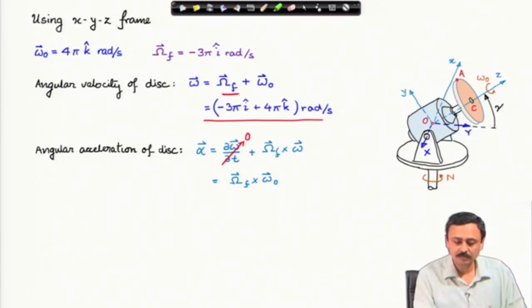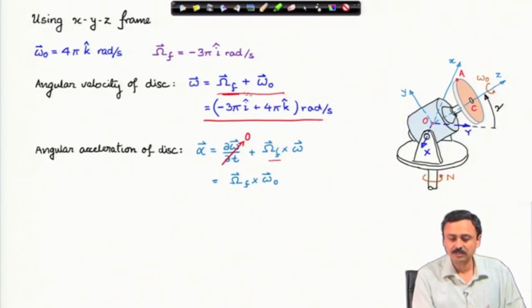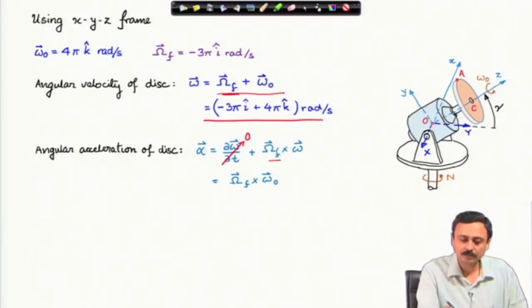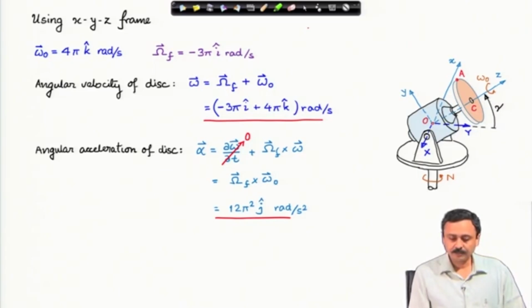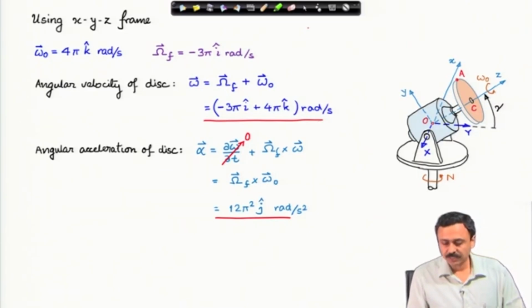Because in omega you have both omega f and omega naught, and omega f cross omega f will be 0, and therefore we are left with omega f cross omega naught. If you do that calculation, it turns out to be 12 pi square j cap radian per second square, that is the angular acceleration of the disk.